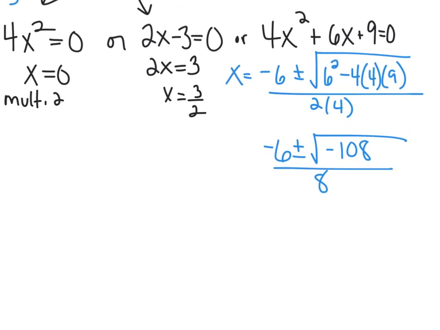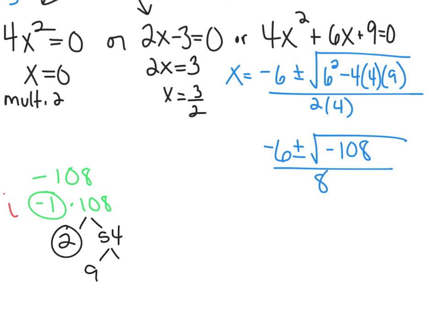From this point, you are going to need to simplify the square root of negative 108, which you've learned to do in your last unit. This is equivalent to negative 1 times 108. We know that the square root of negative 1 will be i. Break down 108 into 2 and 54. 2 is prime, 54 is 9 and 6. 9 breaks into 3 and 3, and 6 breaks into 2 and 3.